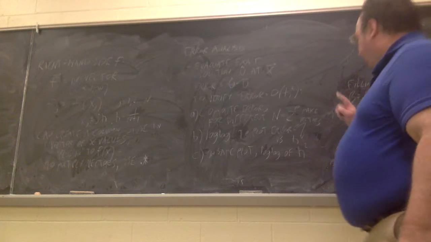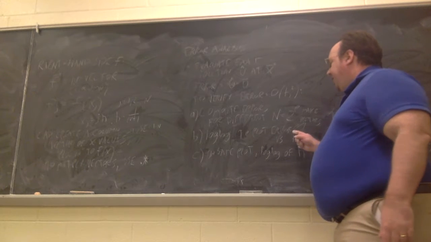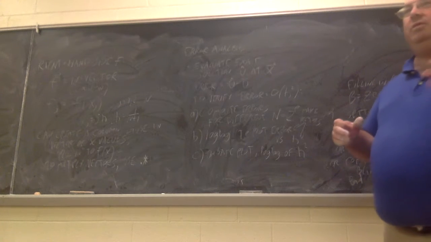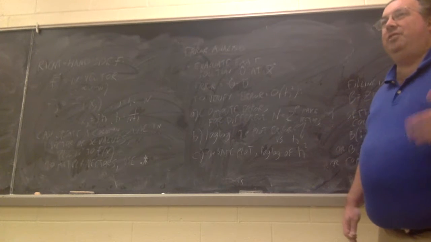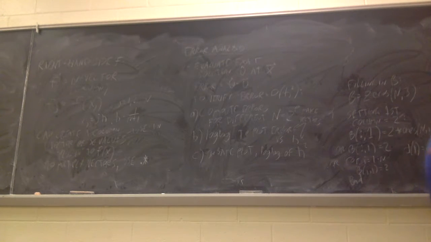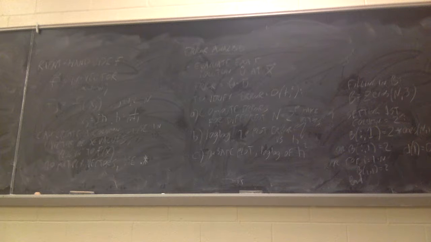So if your code is correct, you should get a line on your graph. And it should be parallel to the line corresponding to h squared. Because when you take the power of h and you do a log-log plot, instead of being like a parabola or polynomial, it's a line in a logarithmic scale.